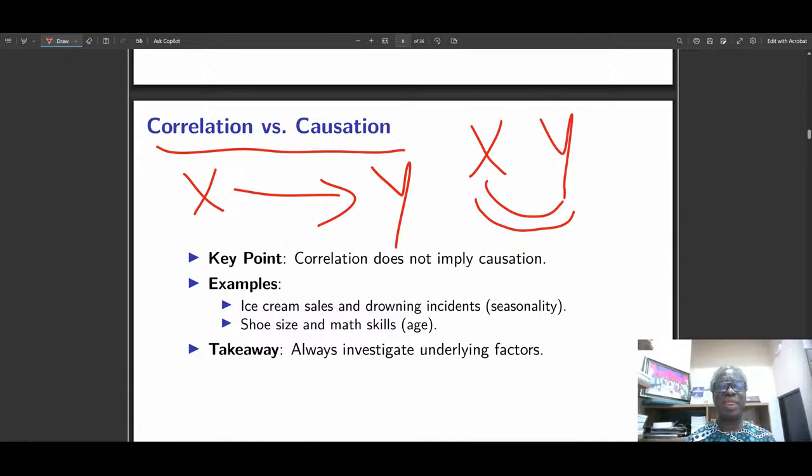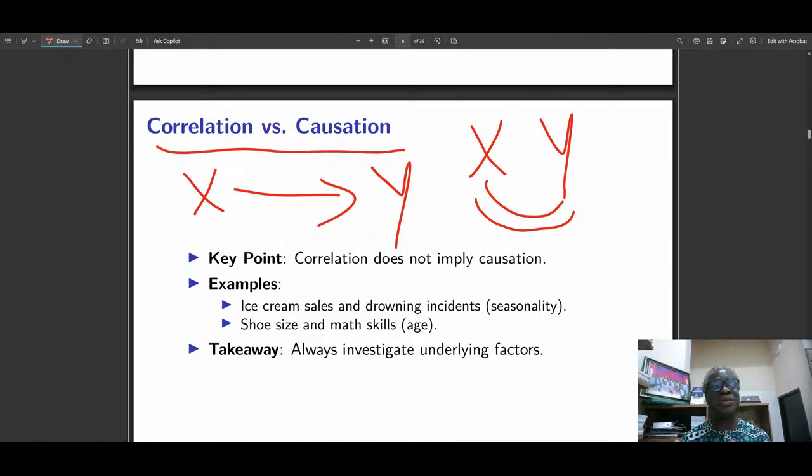And there are many situations in life where there may be association. An association can even come by chance. For instance, sales of ice cream and the event of people drowning.